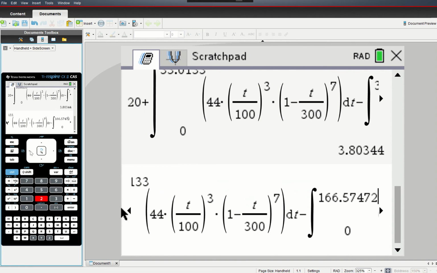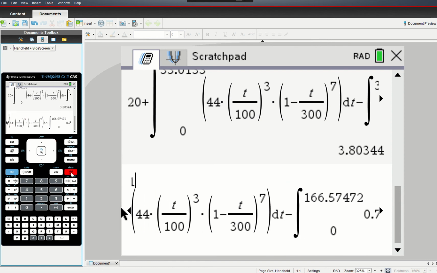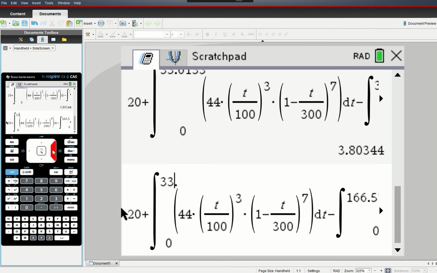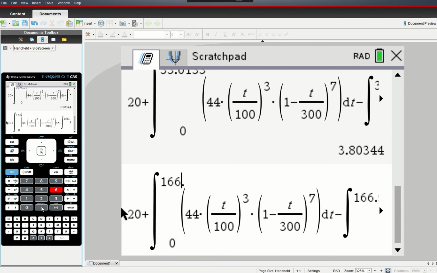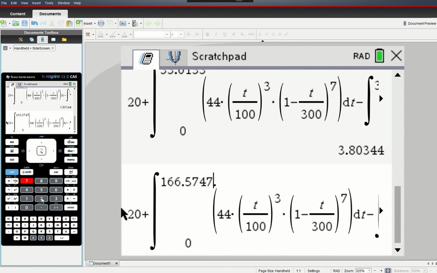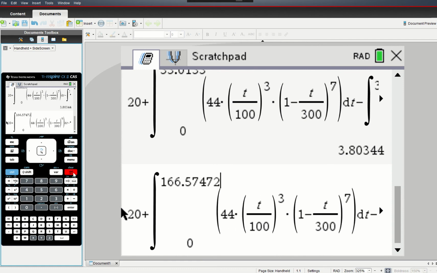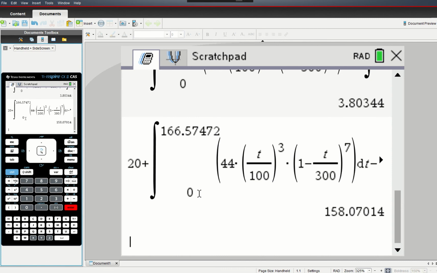And then I need to make sure that I do that on the other integral as well. So 166.57472. Let's get rid of that last decimal. Hit enter, and it's about 158.070 people.